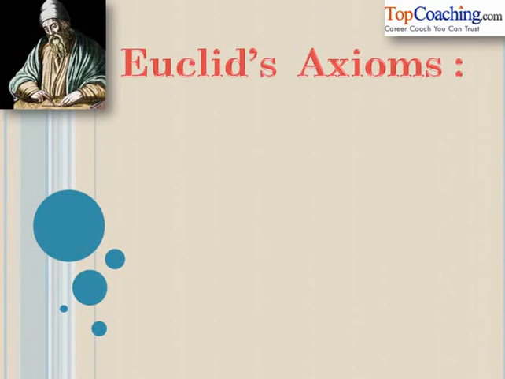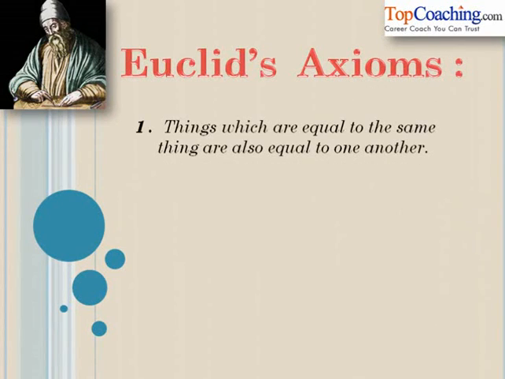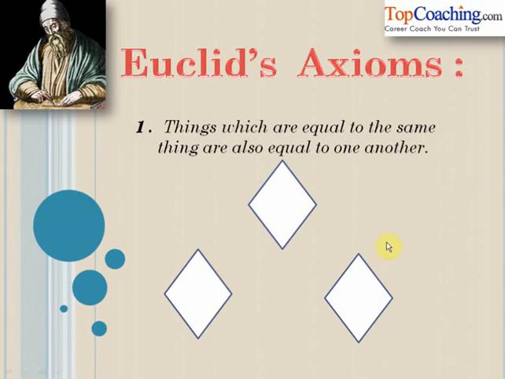Now, let's try to understand Euclid's axioms. The first is, things which are equal to the same thing are also equal to one another. So two things which are equal to the same thing are also equal to one another. Let's try to understand this. We have three figures.